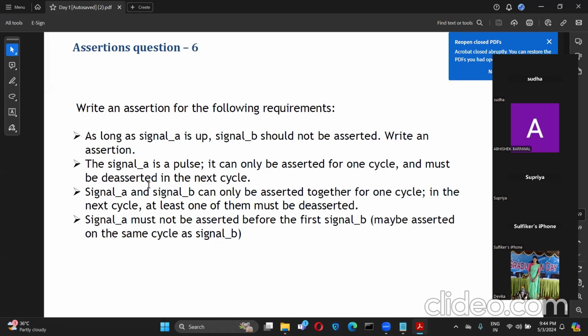If I am using a non-overlapping operator, then you need not write that extra ##1 and can directly check that signal A got de-asserted. With this, you will be able to figure out whether signal A is asserted only for one clock cycle or not.